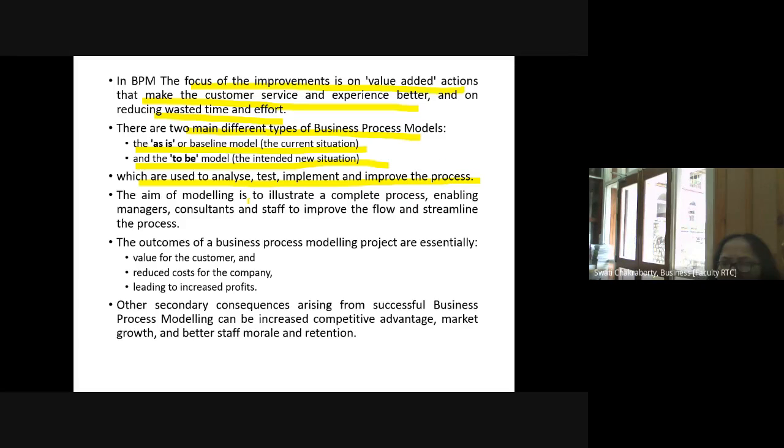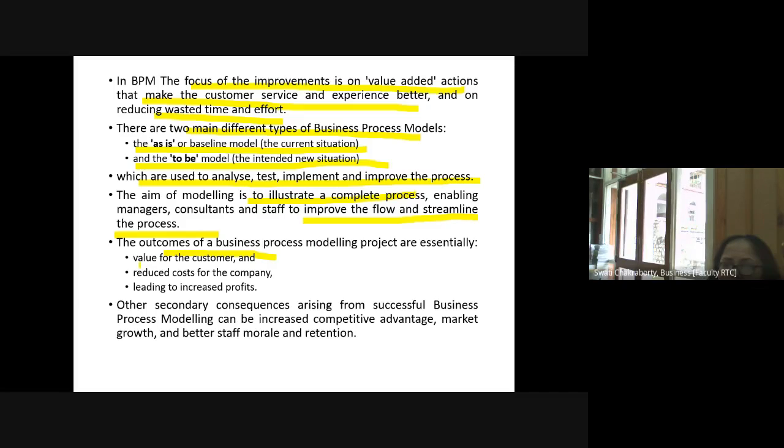So basically, the main aim of this model is to illustrate a complete process, which would help managers, consultants, and other staff to improve the flow and streamline the process to make it more effective. What are the outcomes of this process?